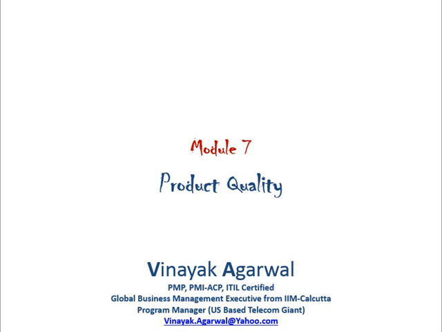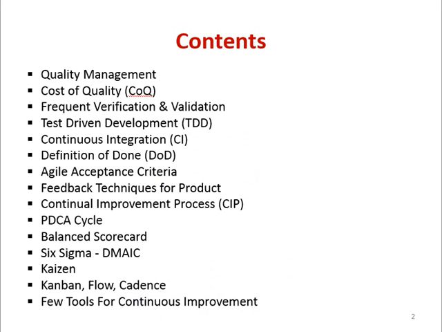product quality. A rapid briefing of the topics which I will be covering today for you are quality management, cost of quality, that is COQ, frequent verification and validation techniques, test driven development TDD, CI continuous integration.